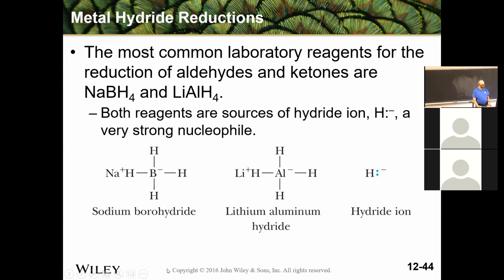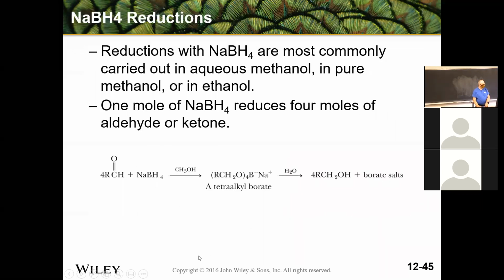The active species here is the hydride ion. So each one of these delivers 4 hydride ions. So one equivalent of sodium borohydride will reduce 4 equivalents of aldehyde or ketone. Byproduct would be borate salts.